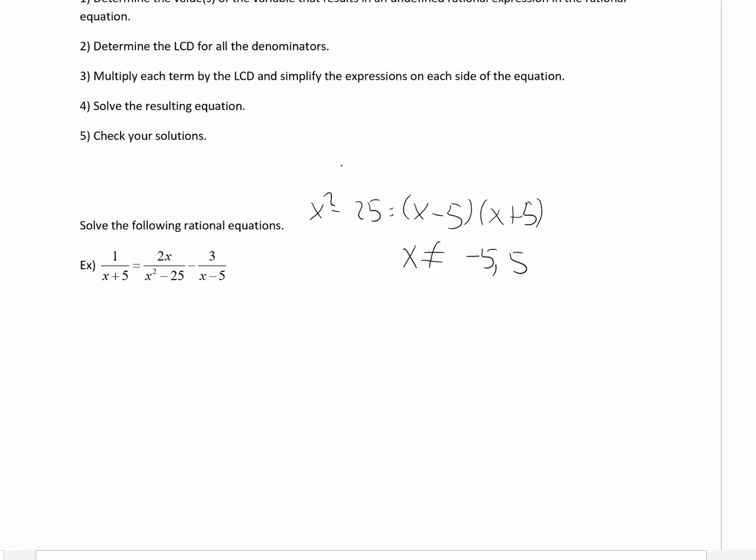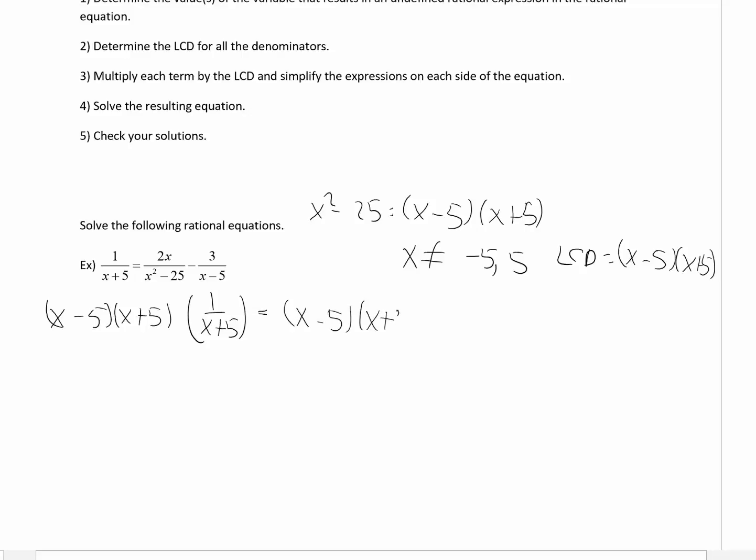Okay. So now my LCD is x minus 5 and x plus 5. So we're going to multiply every single term by the LCD. And again, I'll rewrite that as x minus 5 and x plus 5.